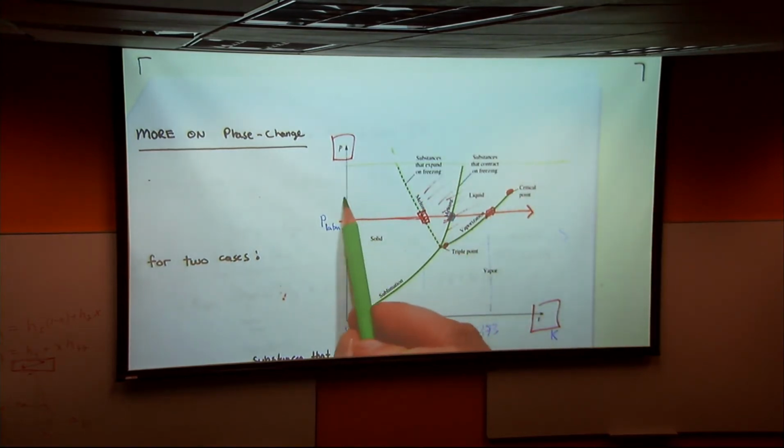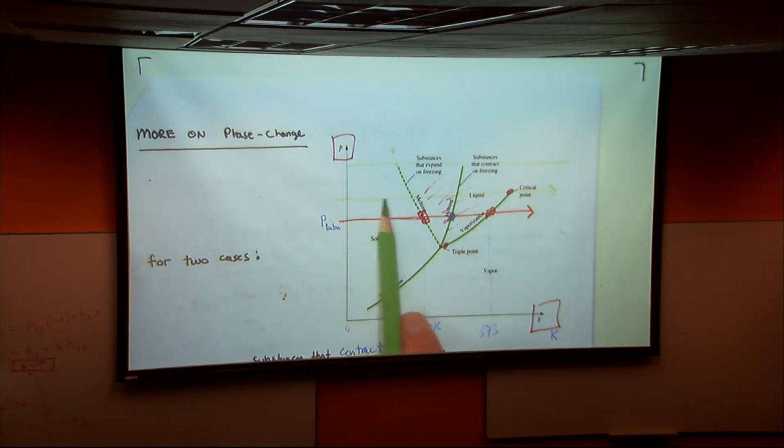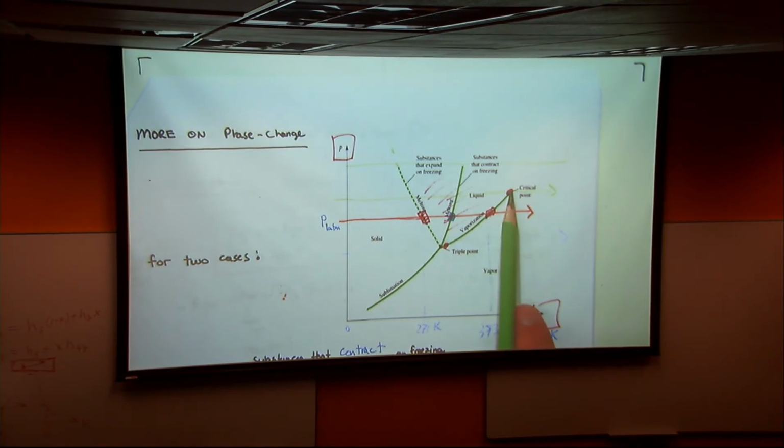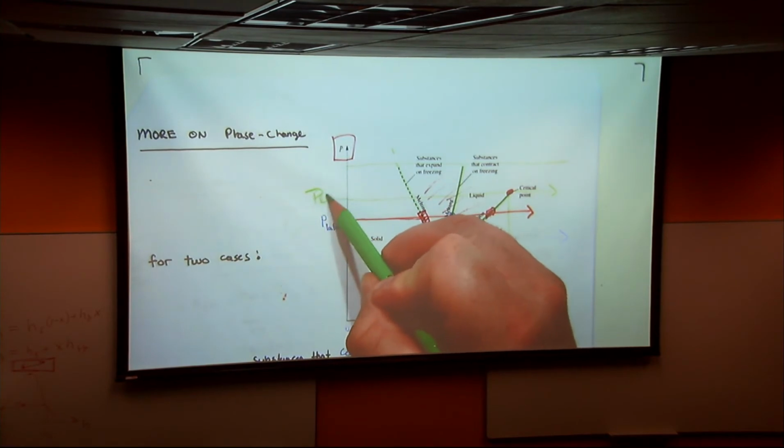So let's just draw a line that goes like this. Now it's a little more well defined. So now I'm solid, I go through a phase change, I become liquid, and then I go up to the critical point, and after I increase the pressure a little bit more, right here would be some critical temperature, and I have my critical point.